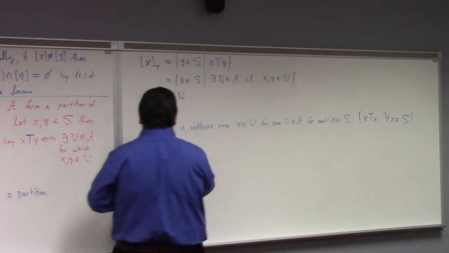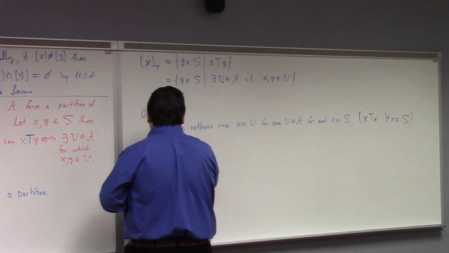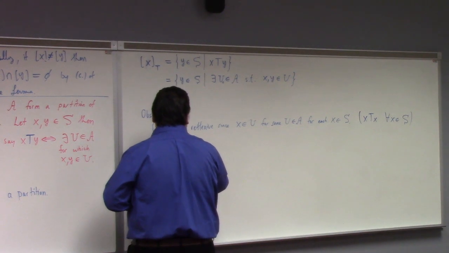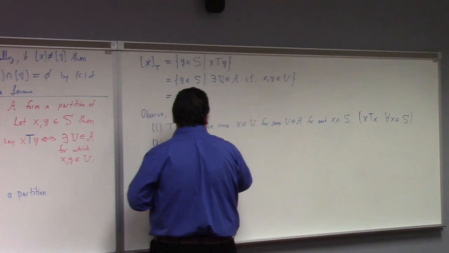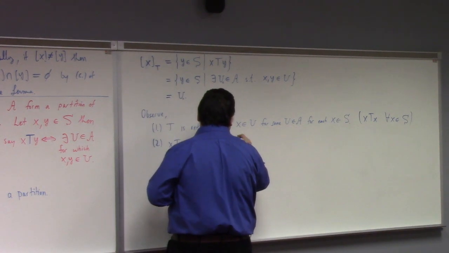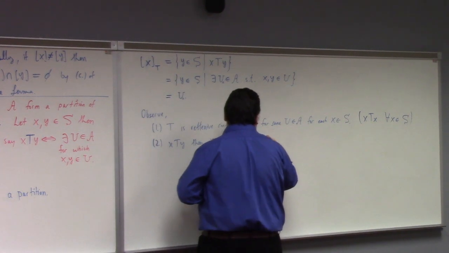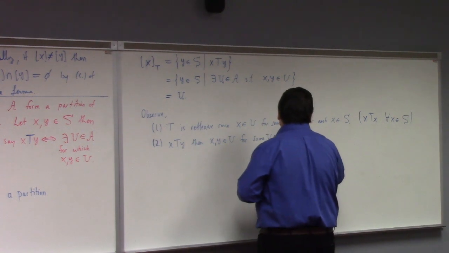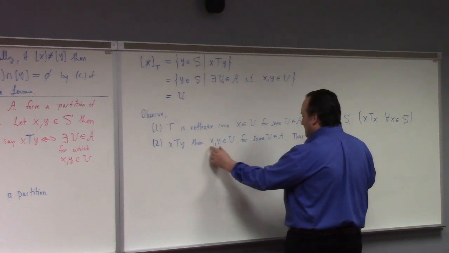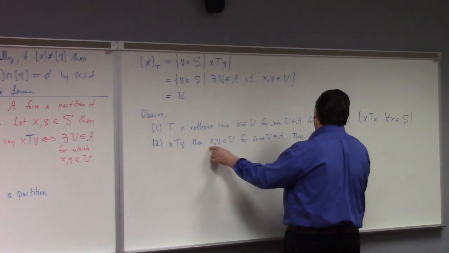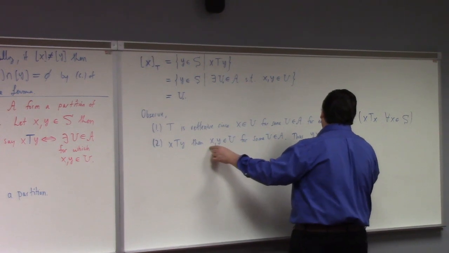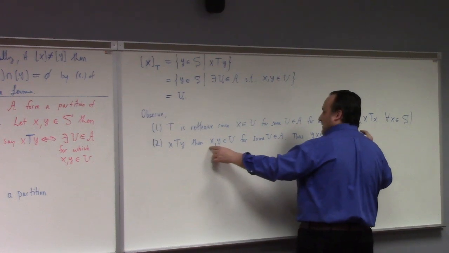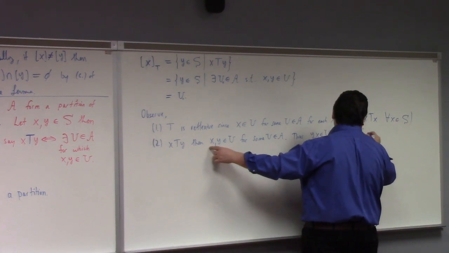How about symmetric? This one's kind of dumb, right? If x is t related to y, then x and y are elements of u for some u in A, right? Thus, this is really dumb. If x and y are elements of u, then y and x are also elements of u, right? Hence, y is t related to x.